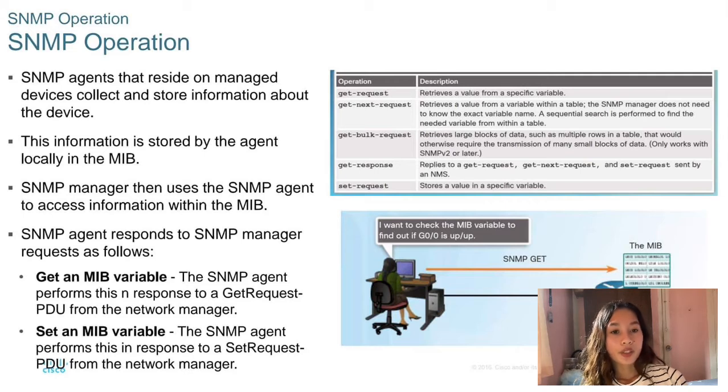Then get bulk request retrieves large blocks of data, such as multiple rows in a table, that would otherwise require the transmission of many small blocks of data. It only works with SNMP v2 or later. Next is the get response. It replies to a get request, get next request, and set request sent by an NMS. And the last one is set request. It stores a value in a specific variable.